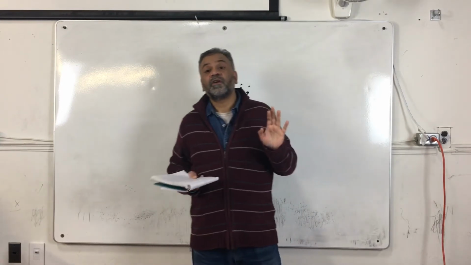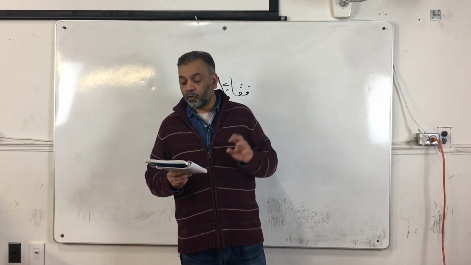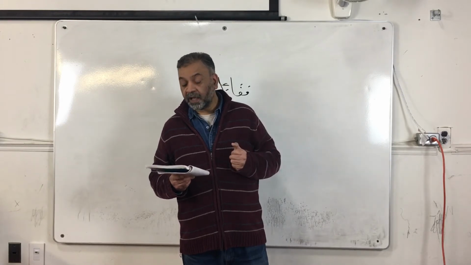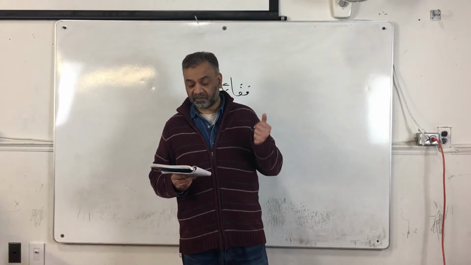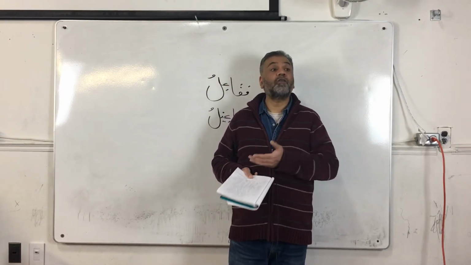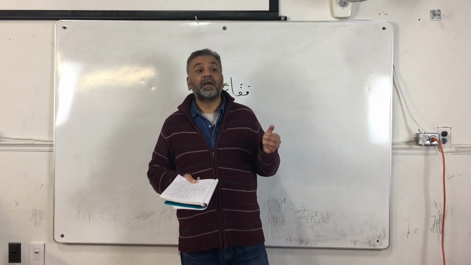Then comes foreign names, group number 5. Williamu, William. Edwardu, Edward. Londonu, London. Barisu, Paris. Pakistanu, Pakistan. Baghdadu, Ibrahimu. They are all foreign names to the Arabic language, so they come as diptotes.